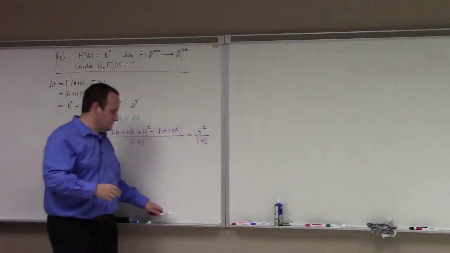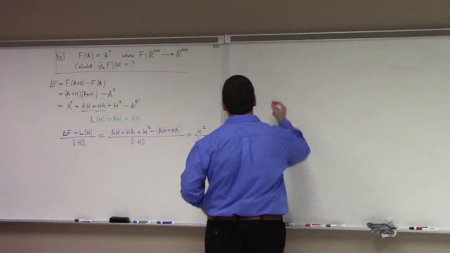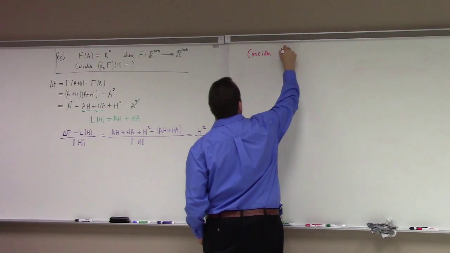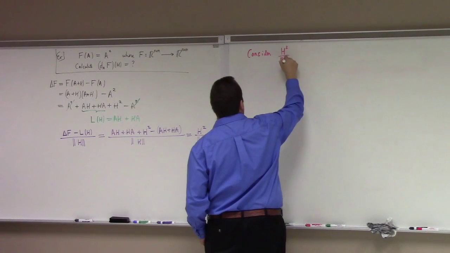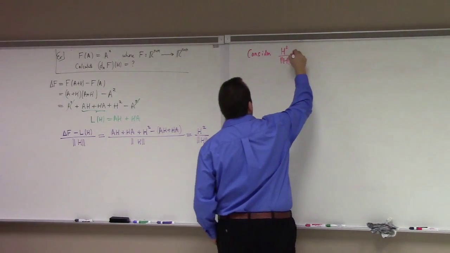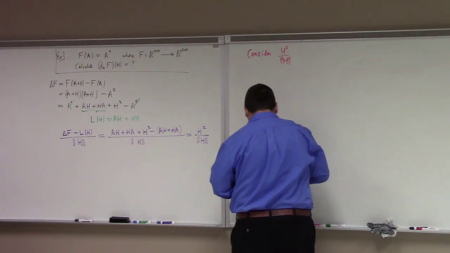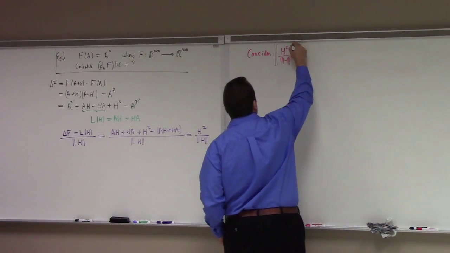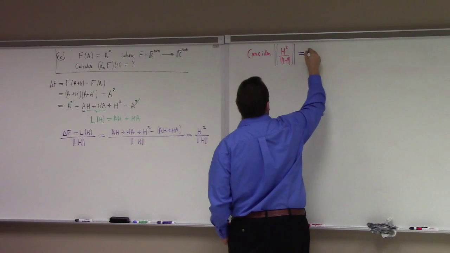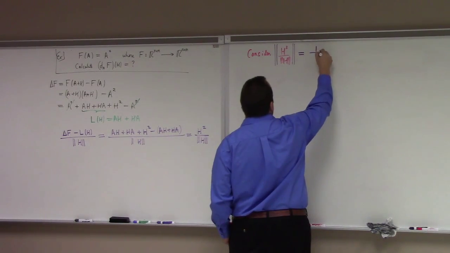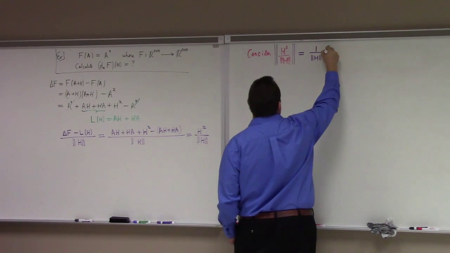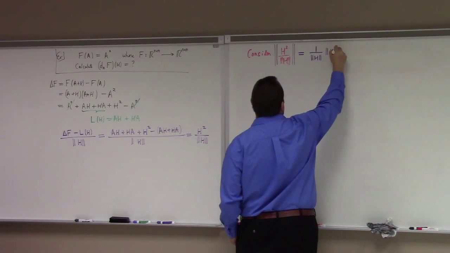Now, let's face the music here. Consider h squared over the norm of h. I'm going to look at the norm of that. By the absolute homogeneity of the norm, I can pull the norm of h out front, and that's the norm of h quantity squared.